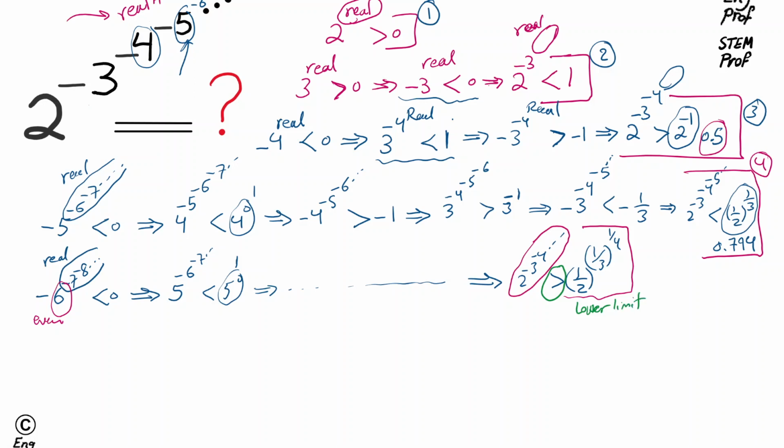Whenever we start the reasoning with a base that is an odd number, we end up finding our target number to be less than an upper threshold or upper bound.